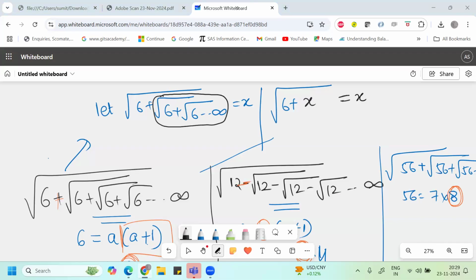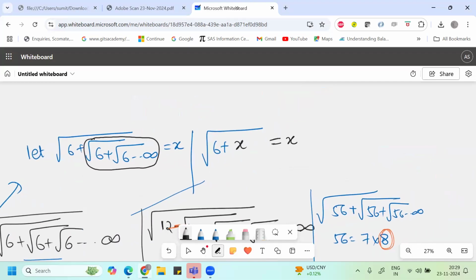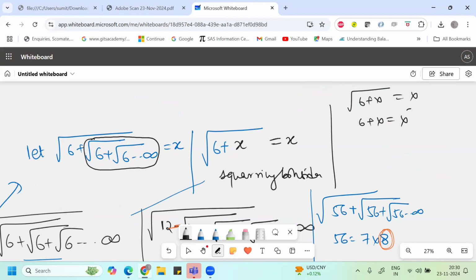Now what you have to do, guys, is square both sides. If you square both sides, 6 plus x is equal to x square. X square minus x minus 6 is equal to 0.